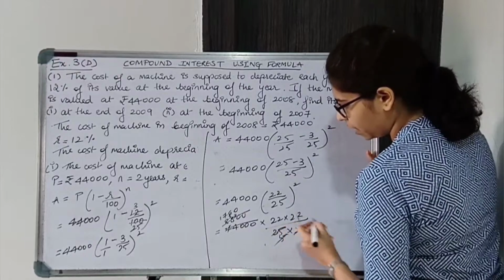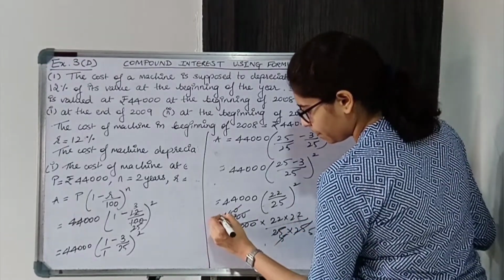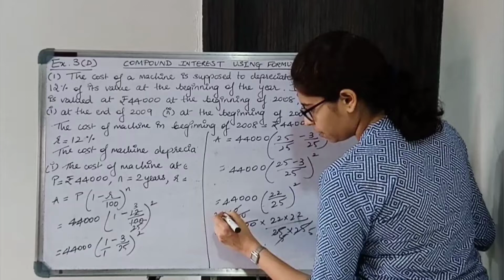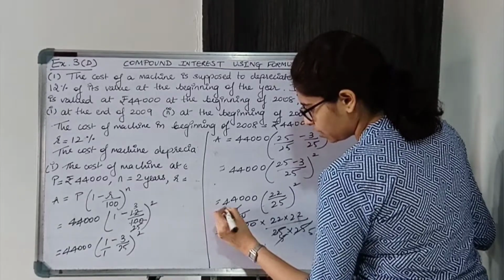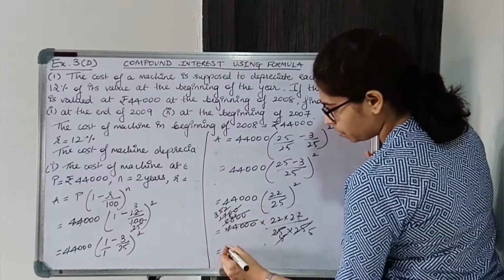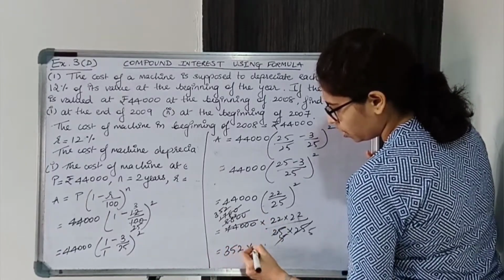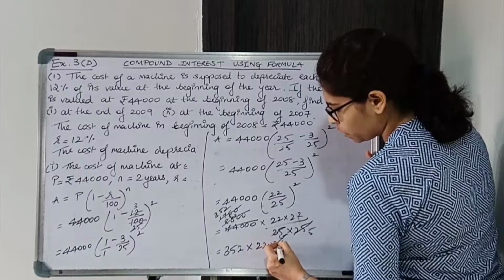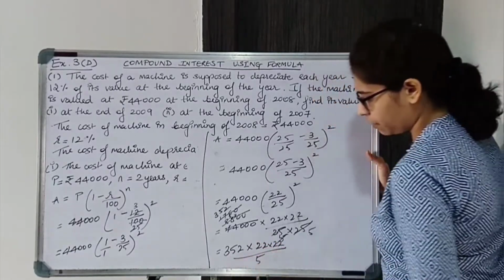So 5 5s are 25, 5 3s are 15, 5 5s are 25. Now you cannot cancel, so it will be 352 into 22 into 22 upon 5.